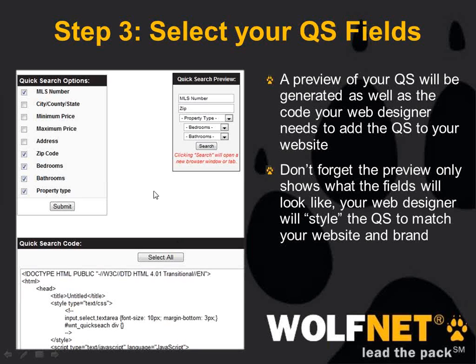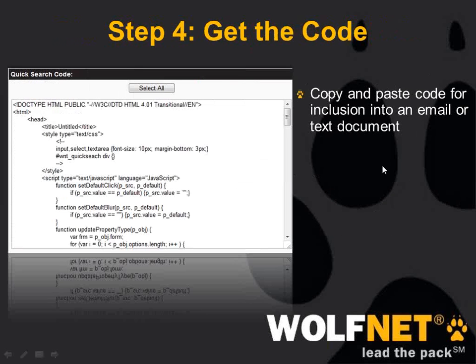Webmasters or web designers should be able to style it so it fits better with your website. We basically just provide a skeleton of code with the functionality of it accessing the property search built in. This isn't a live demo, but I'll do one in a second here.